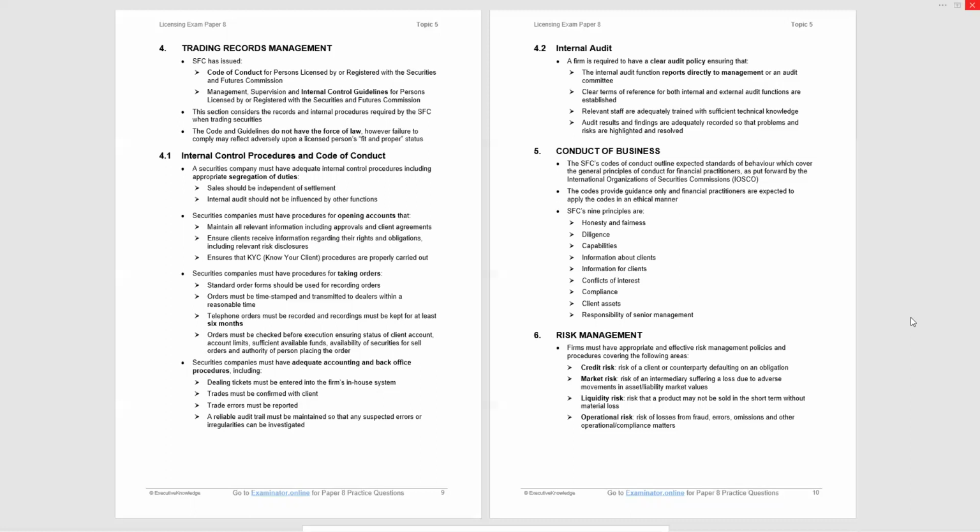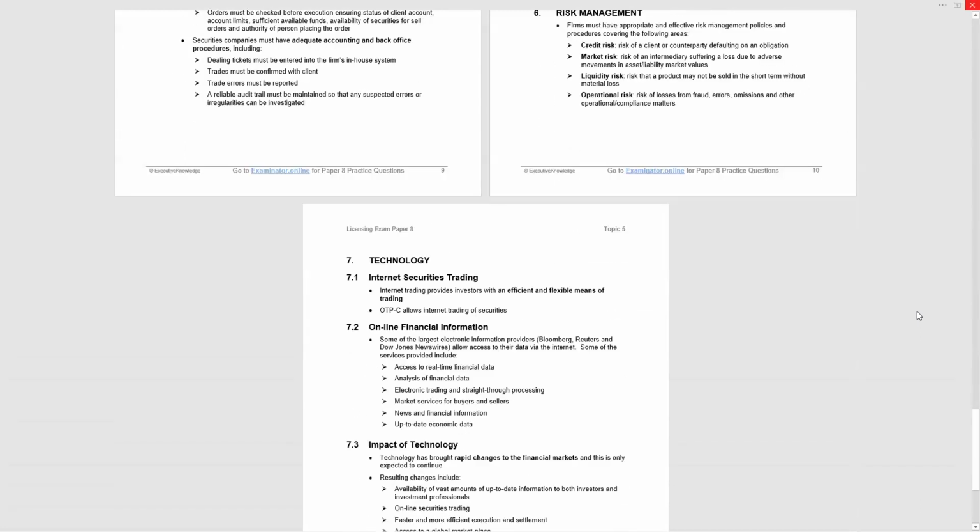Liquidity risk is the risk that you're going to lose money or lose value because you cannot sell in the market because there's not enough buyers, or if you do, you're going to make a material loss. And operational risk is the risk of losing money from fraud, errors, omissions, and other compliance matters.